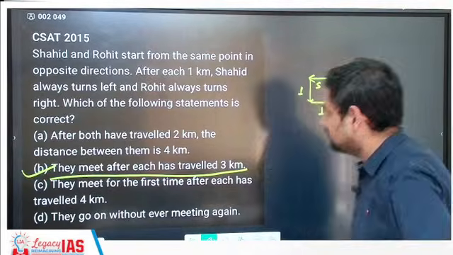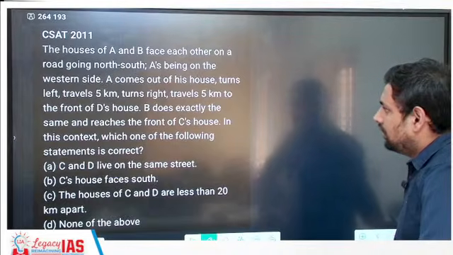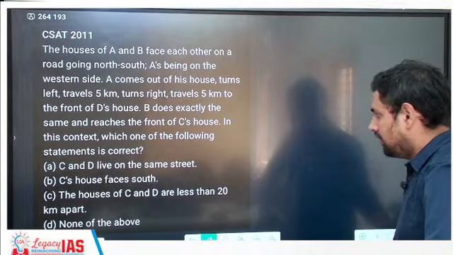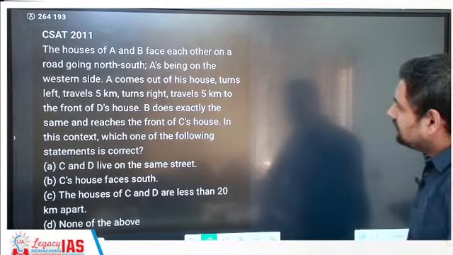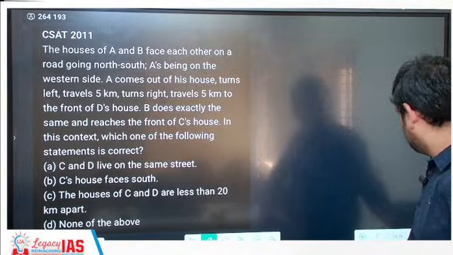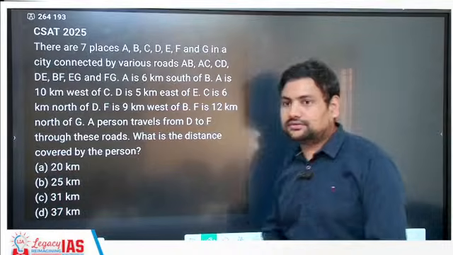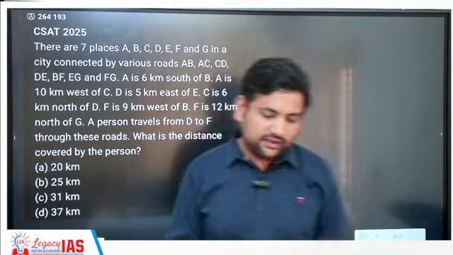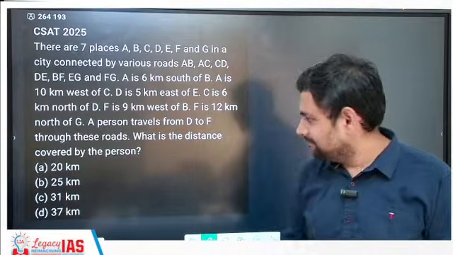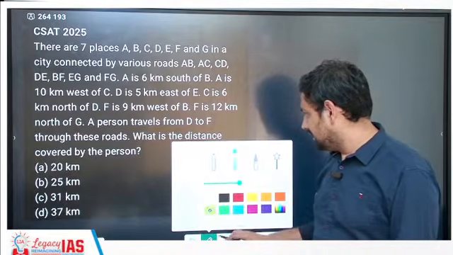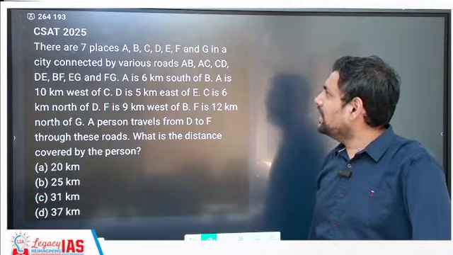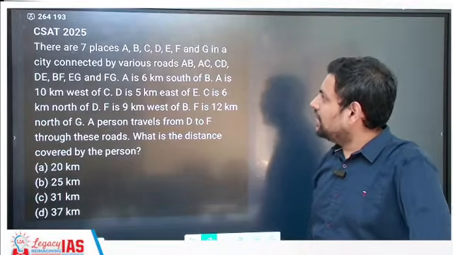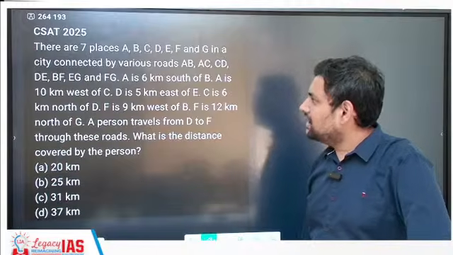Then next, okay, let's try this. This is from 2025. It says there are 7 places A, B, C, D, E, F, G in a city connected by various roads: AB, AC, CD, and so on.